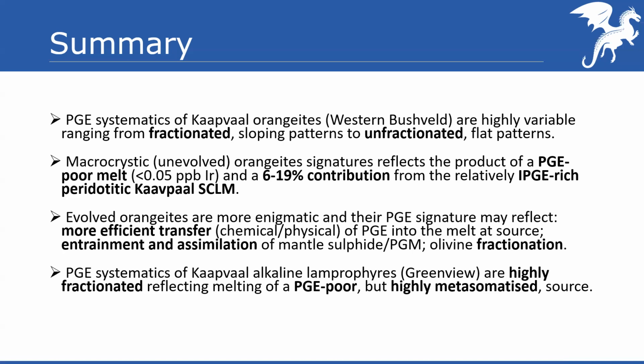Okay, so do you do duplicate analysis, and do you see any differences? We have a couple of dikes that represent polyphase intrusions, and analyses have been taken from different sections of these dikes, and they often do have quite different PGE signatures.